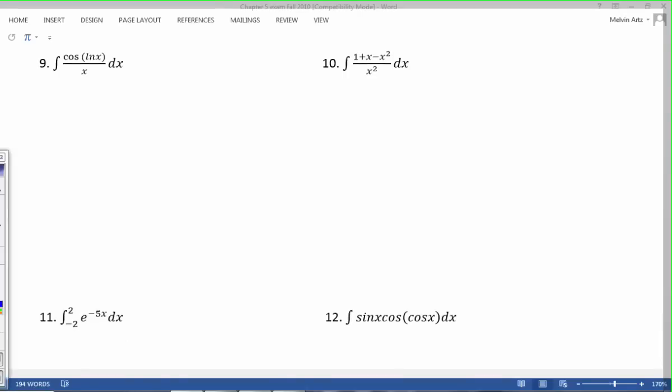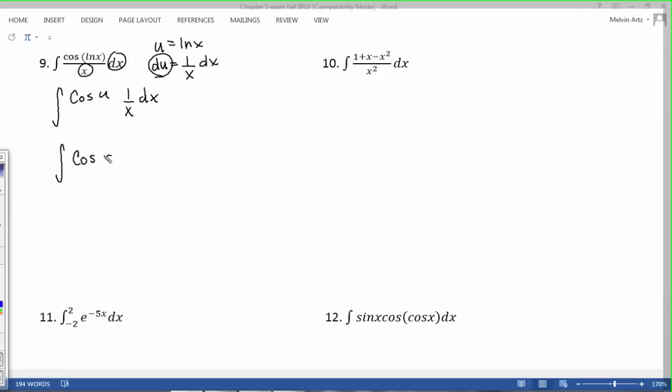For number 9, it's a u substitution problem. So let's let u equal ln of x, and du then would be 1 over x dx. So when we make our replacements, we're going to have the cosine of ln of x, which is u. Now we still have to replace 1 over x dx. That's replaced with du.